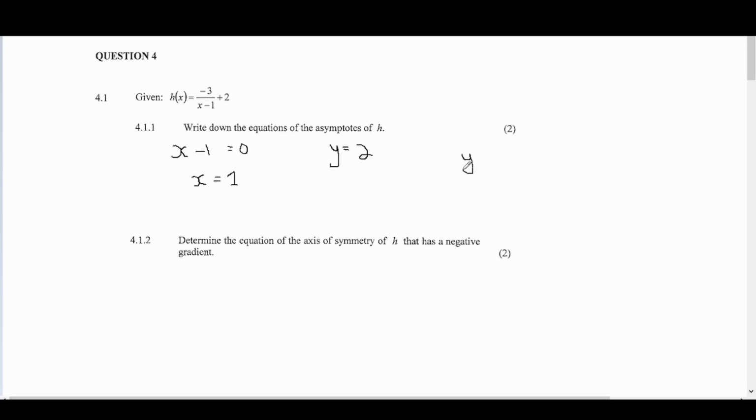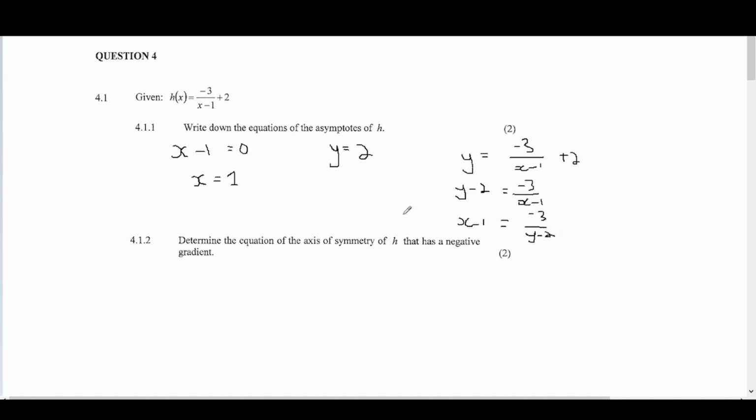So your graph is y equals minus 3 over x minus 1 plus 2, and if you take your 2 over, it becomes y minus 2 equals minus 3 divided by x minus 1, and then you can do a little cross multiplying here, so it becomes x minus 1 equals minus 3 divided by y minus 2.